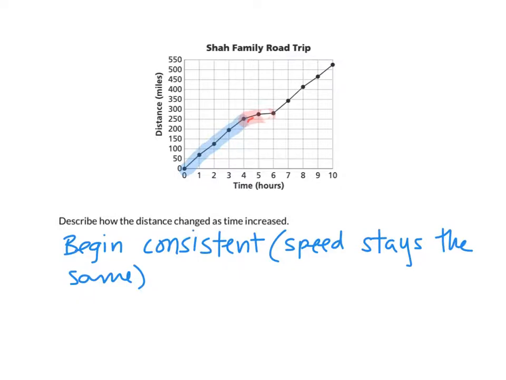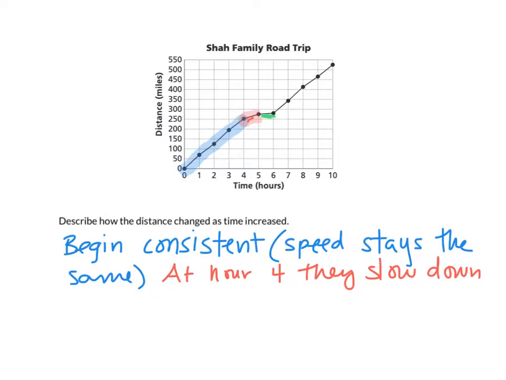So let's kind of back it up a little bit. So right here, they slow down. So at hour 4, they slow down. Right? So they're slowing down. They're not going as fast.